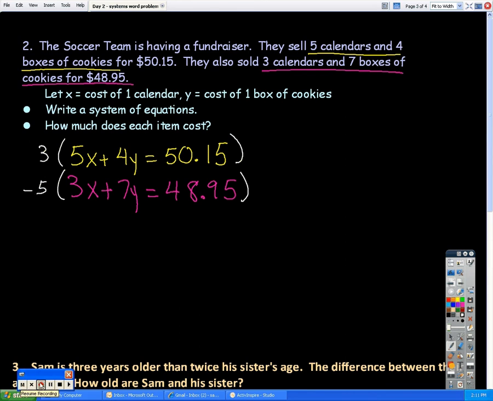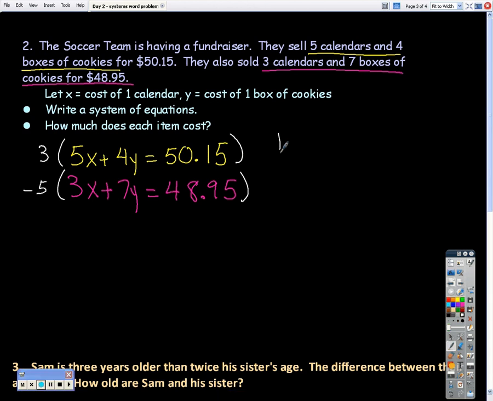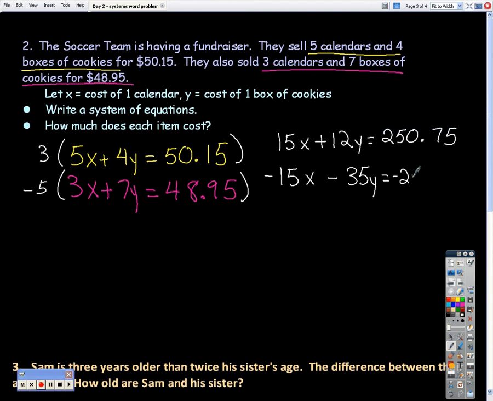Okay, so when I do that, I'm going to end up with 15x plus 12y equals $150.45. And the second one's going to be -15x minus 35y equals -$244.75.